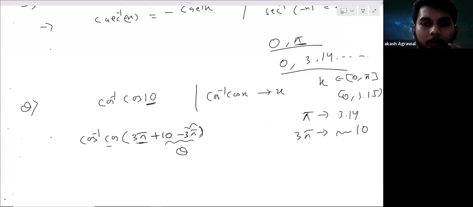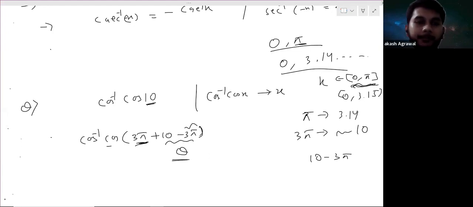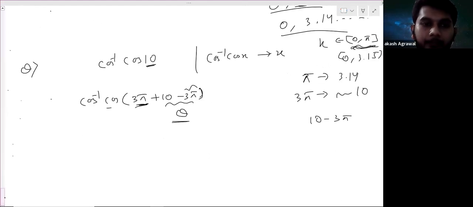So this 10 minus 3 pi will lie between 0 and pi, right? So what is cos of 3 pi plus theta? Minus theta, very good. Minus cos theta.